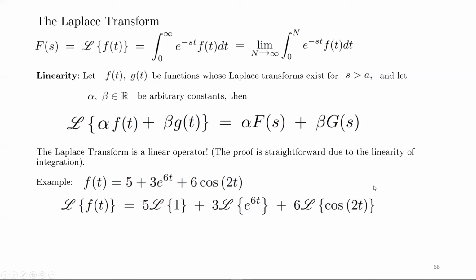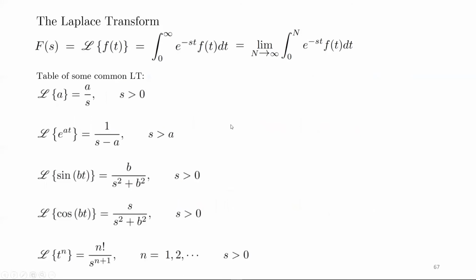Well, from our table that we had before, the Laplace transform of a constant equals that constant over s. The Laplace transform of e to the constant times t is 1 divided by s minus that constant. And the Laplace transform of cosine of bt, where b is some constant, is s over s squared plus the constant squared.